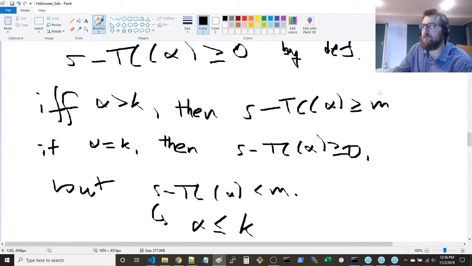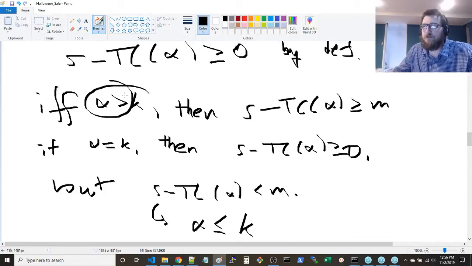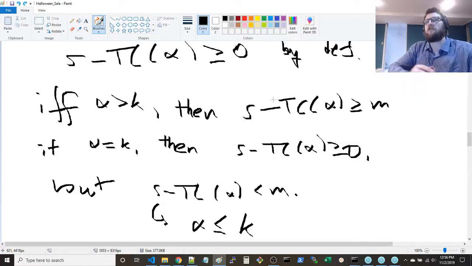So if this difference is greater than or equal to m, then alpha's got to be greater than k, and if alpha is greater than k, then this has got to be greater than or equal to m. Did I get that right? No, this is wrong.